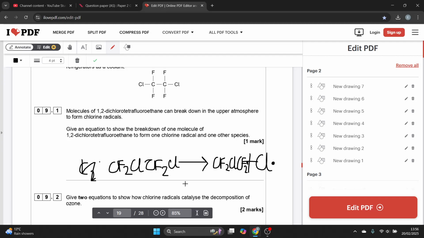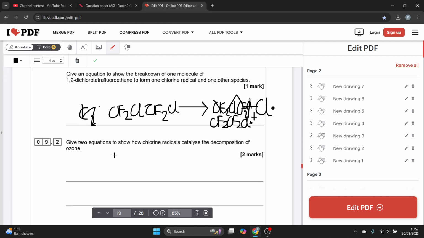The chlorine would have gone from there, so instead it's CF2CF2Cl. So CF2Cl CF2Cl goes to CF2CF2Cl dot plus Cl dot.